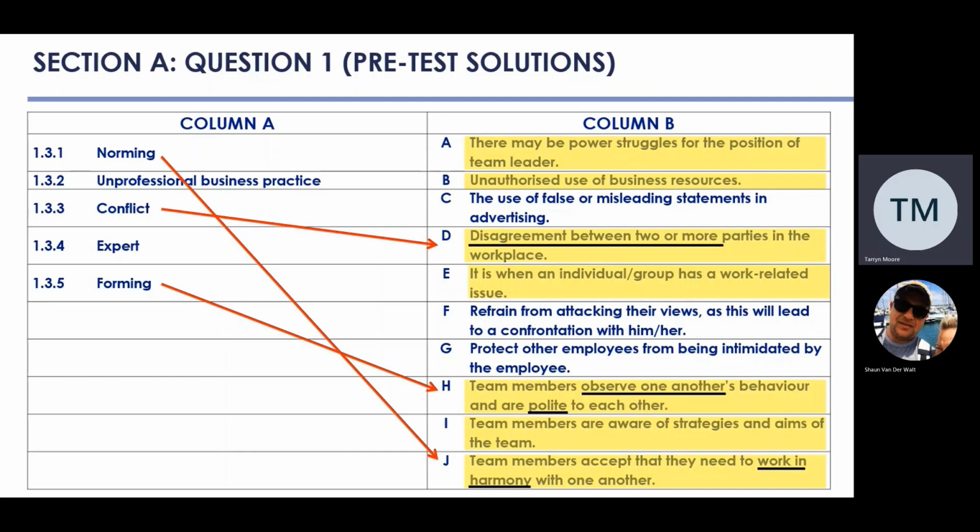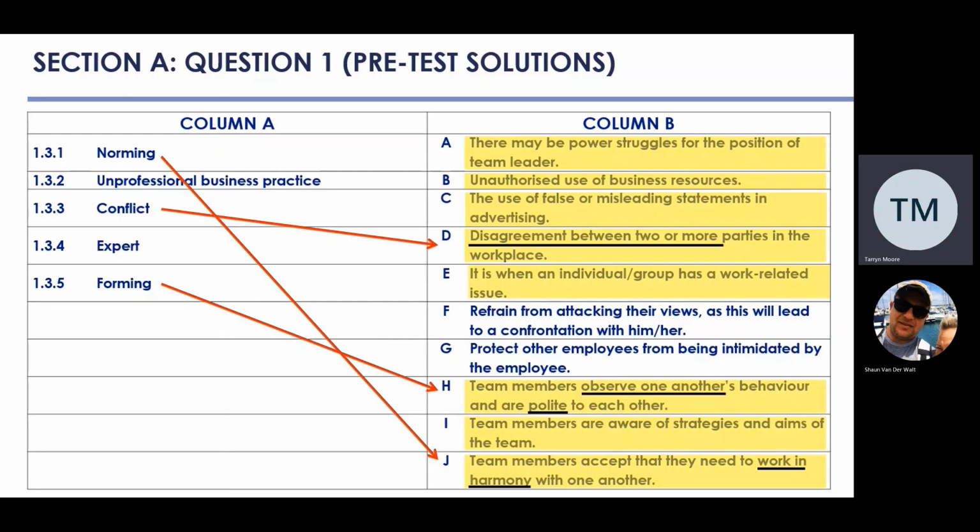Unauthorized use of business resources. The use of false or misleading statements in advertising. We're talking about false and misleading statements, and we're looking at unauthorized use of business resources. Now, you will definitely agree with me here. When you see the word unauthorized, it means you don't have permission. But a false or misleading statement in advertising is something that has happened and somebody hasn't checked.